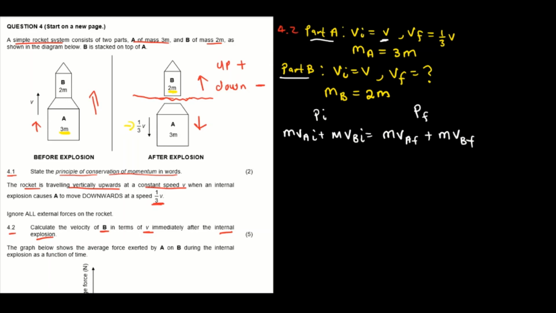Before the explosion, the entire system is going upwards. So this means that we're just going to substitute the values as positive.